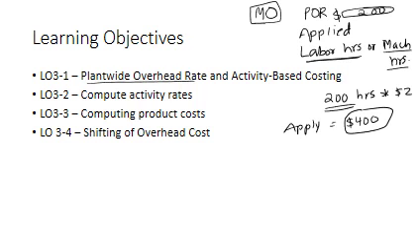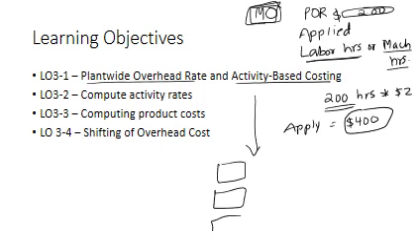But now we are going to go beyond that into a fascinating field of activity-based costing, which simply means that we split this total manufacturing overhead into smaller activity cost buckets.